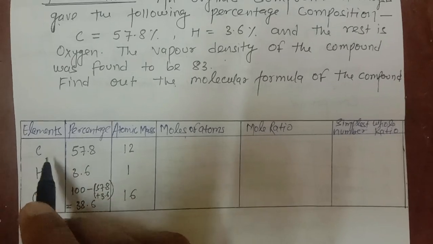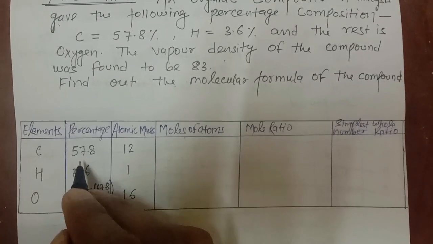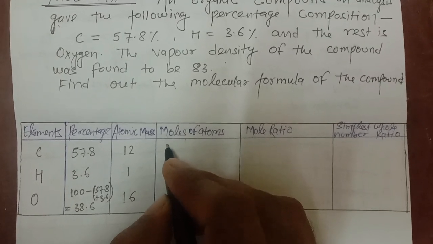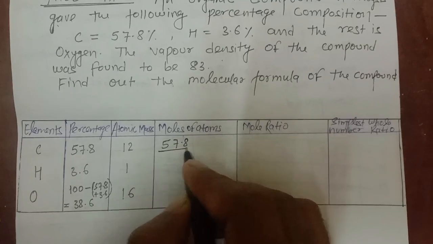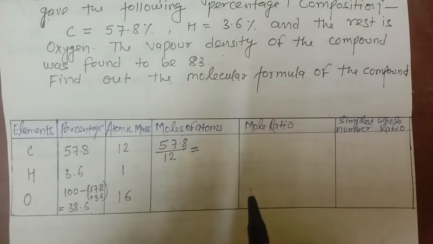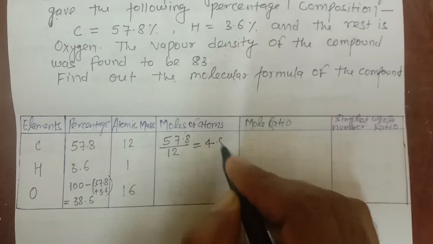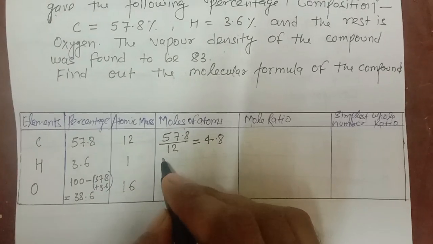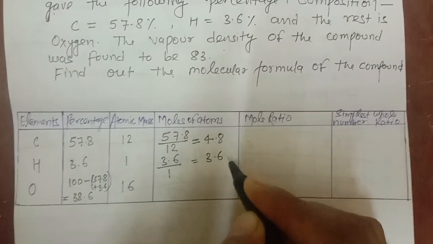Here the element carbon has percentage 57.8, so 57.8 will serve as the mass of carbon. So we will write the mass of carbon, 57.8, divided by the atomic mass of carbon. After division, you will find 4.8. For hydrogen, mass is 3.6 and atomic mass 1, you will get 3.6.